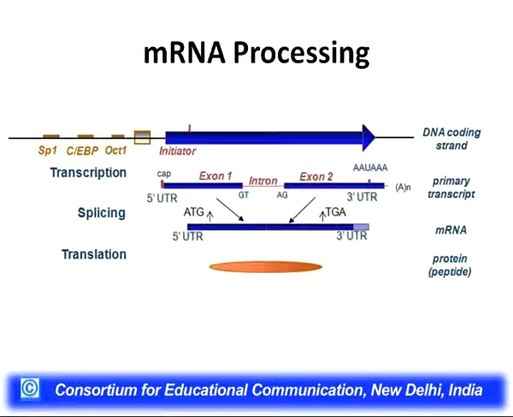If this intron is not removed, or if it is removed faultily, then there will be deleterious consequences for the organism, because even one nucleotide addition or excision from the exon sequence can lead to change in the reading sequence. If the reading sequence is changed, then the amino acid sequence of the protein is changed.